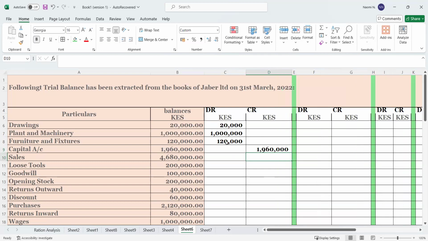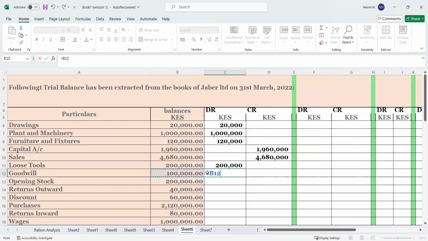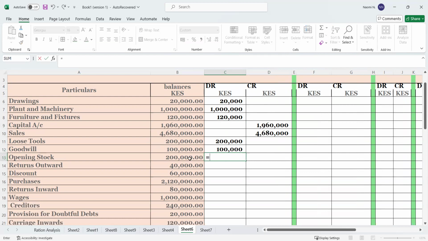Then what else? We have sales, a credit entry. This one, loose tools, we treat it under PPE, fixed asset. Goodwill, fixed asset, it is up there. Opening stock, it is an inventory or a current asset, debit.